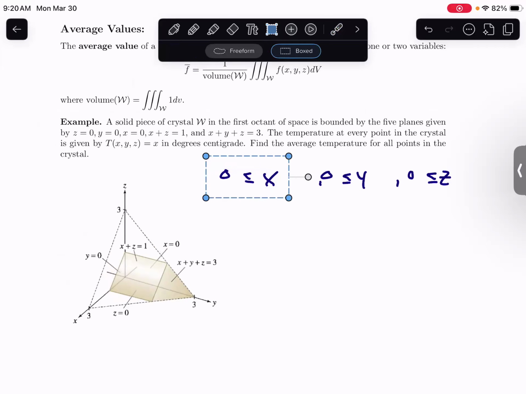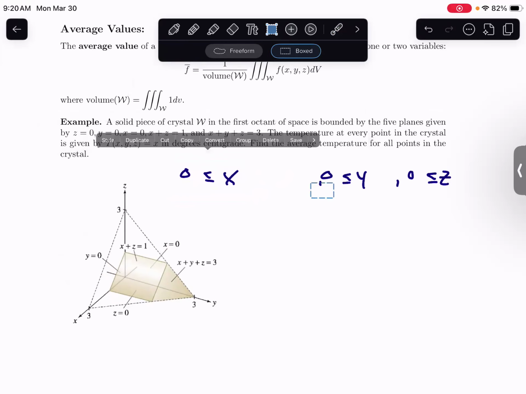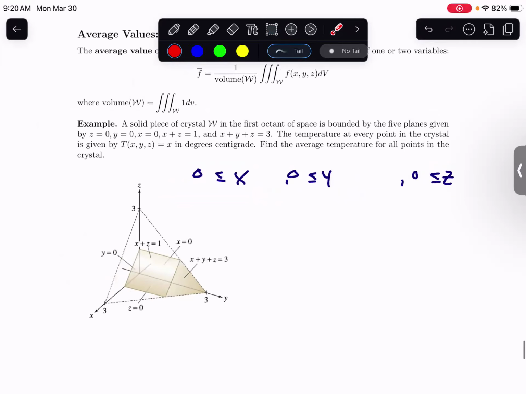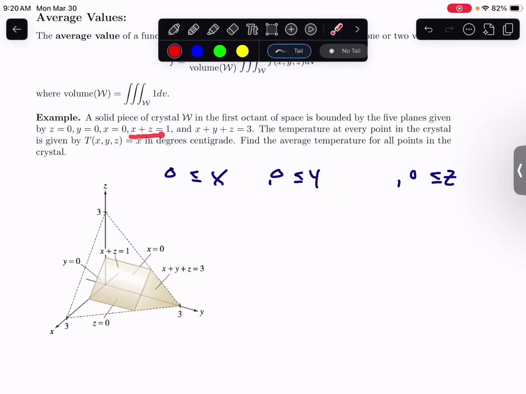There's a way of thinking about things that maybe isn't completely formal, but is how I think about them. If you look at these two planes, x plus z is equal to 1, so there's a way of expressing x and z in terms of a constant amongst just two variables here. But the only way to describe y is in terms of x and z.